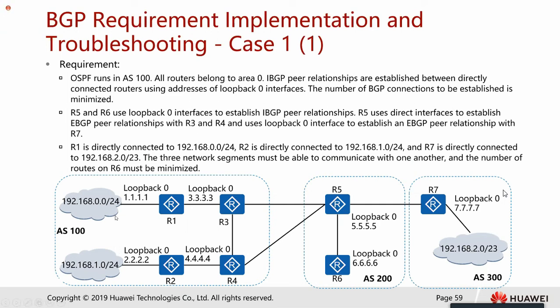But before this, I need to advertise this route into the BGP first on R1, R2, and R7 and perform summarization on router 5, with the specific routes suppressed and not sent to router 6, because router 6 must receive the minimized routes. Is that okay so far, based on the question?